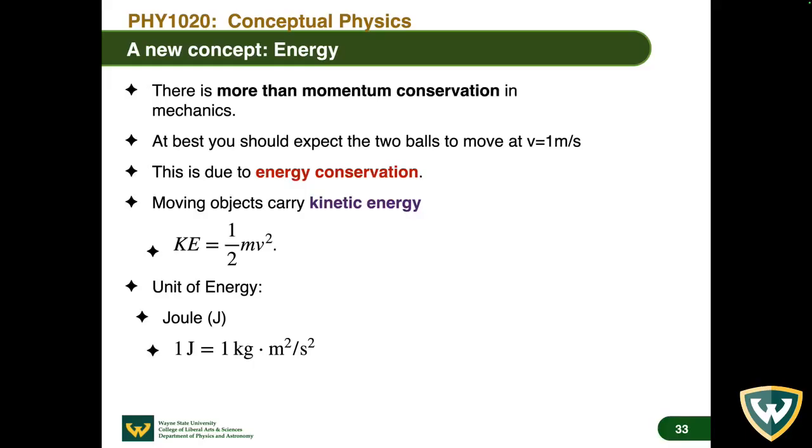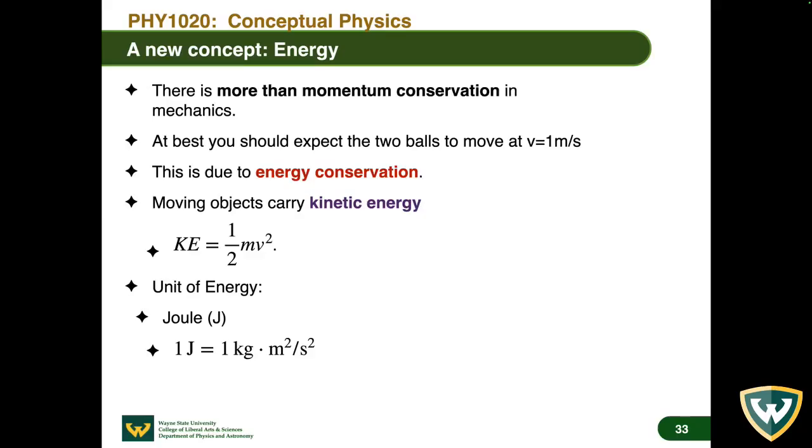And we will see that energy is a very, very broad concept indeed. What we will start with is the notion of kinetic energy, defined here in the middle of the slide. So there's more than just momentum conservation in mechanics or the description of the motion of objects. There's also the notion of energy, and particularly kinetic energy.